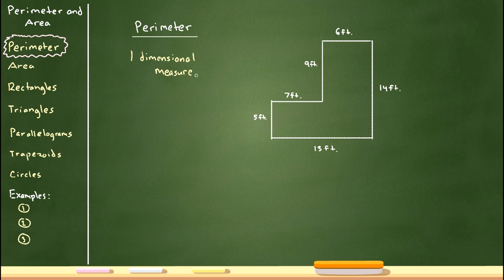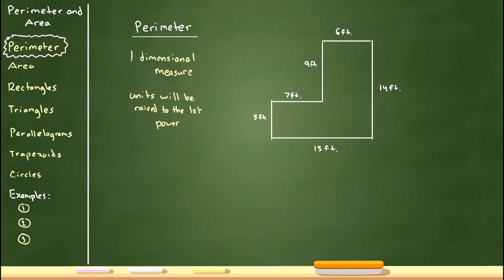Well, when we have a perimeter, the units that are going to be on the perimeter are going to be raised to the first power. Okay, now contrasting this with area, area is considered to be a two-dimensional measure. Okay, so the units will be raised to the second power in the case of area.